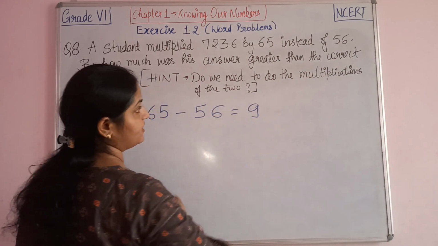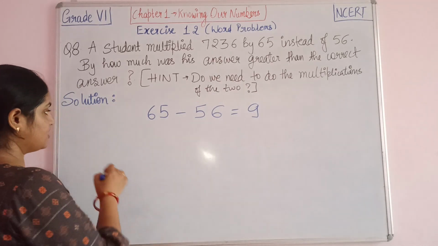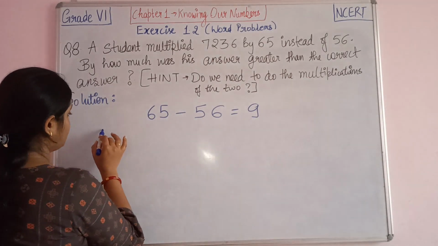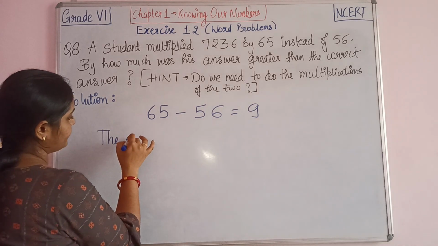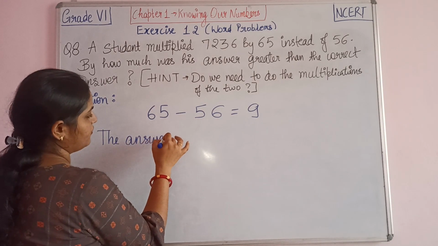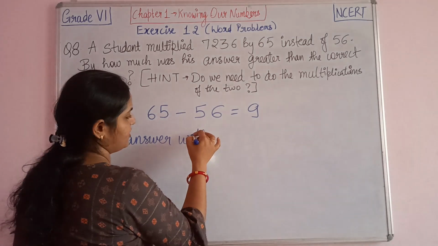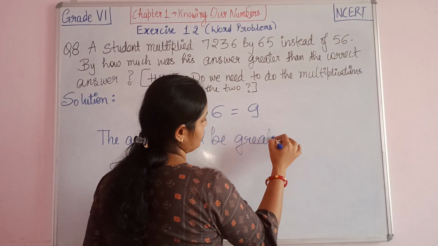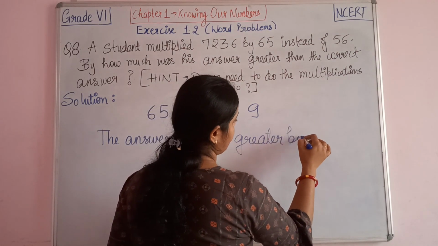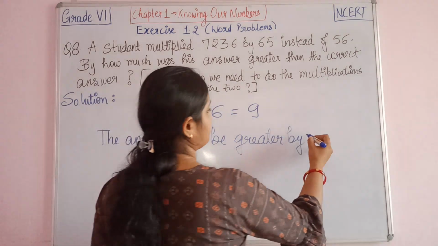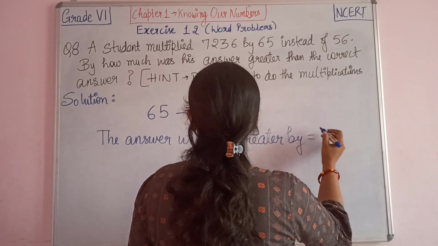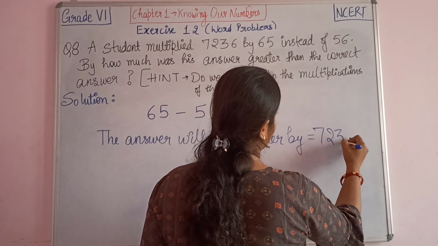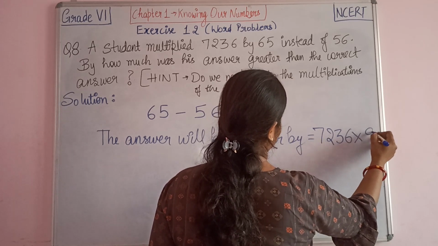It is 9. Now for checking by how much the answer is greater than the correct answer, we need to multiply this number 7236 by 9 only.